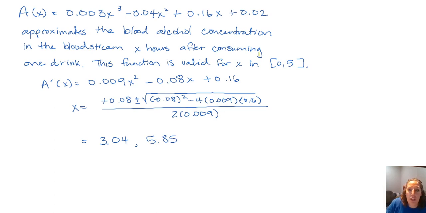Now remember that this function is only valid from 0 to 5, so that's the domain we're looking at. So we can automatically throw out that 5.85 because it's not in the range. Okay, draw our number line. We are going to have this going from 0 to 5. And we're looking at our critical value there of 3.04.